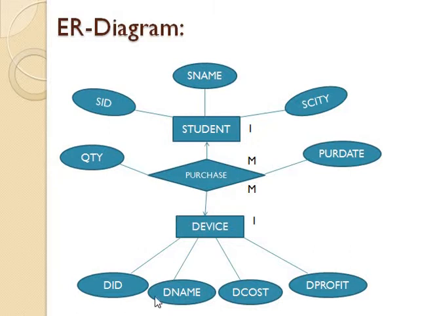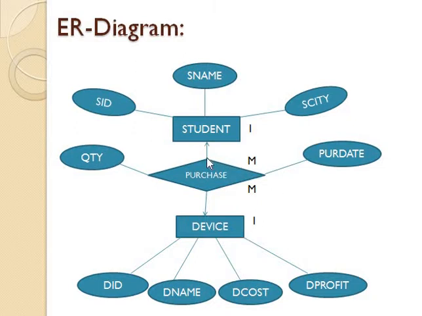Then there are four attributes for the entity device. The first one is DID or device ID. The second one is DName or the device name. The third one is DCost or the device cost. The fourth one is DProfit or the profit associated with the device.